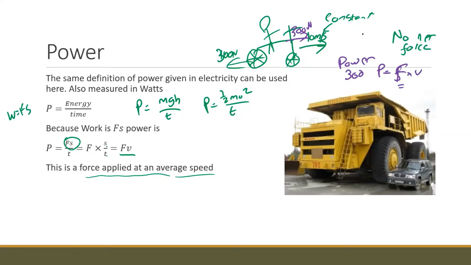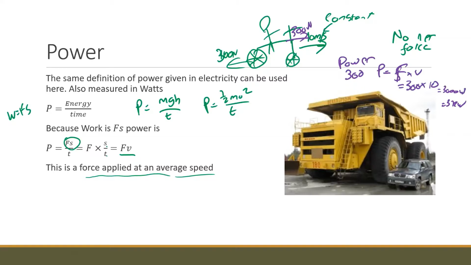In this case, the force is 300 newtons times the velocity, which is 10 meters per second, which is 3,000 watts or 3 kilowatts. And so that's a way that we can look at how quickly that object is moving, and that can link to the average speed.